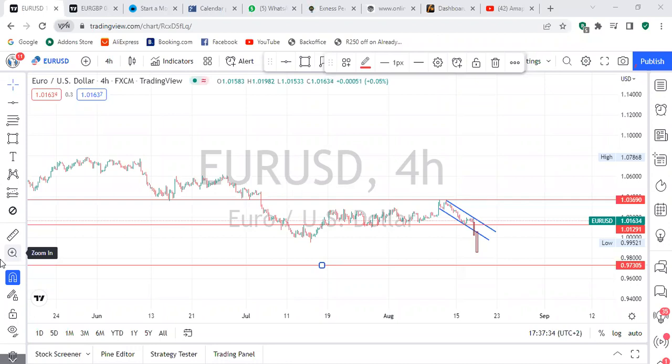Try as much as you can to familiarize yourself with the different tools, how to draw a horizontal line, which is your support and resistance. Try as much as you can to use the trend lines so that you are able to pick up the trends, and just play around and adjust with it, because that is going to be your desk. You will be playing there. It can be your desk or your playground, whichever way you want to call it.